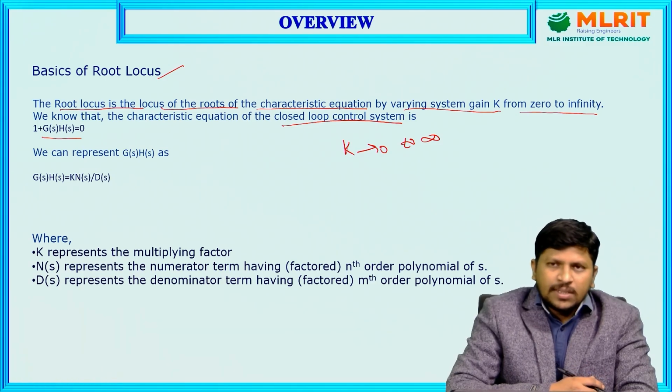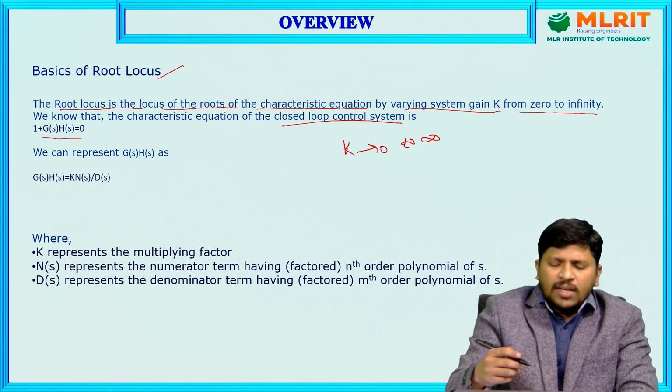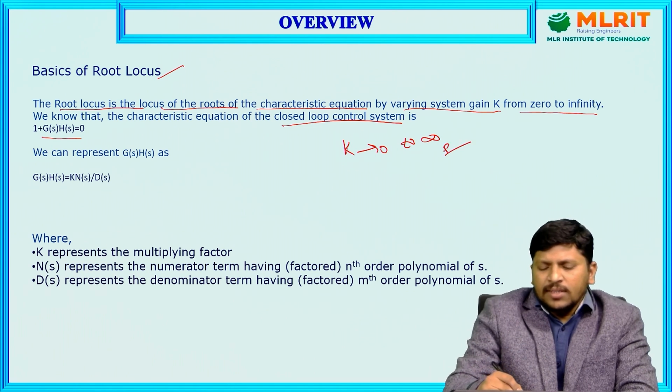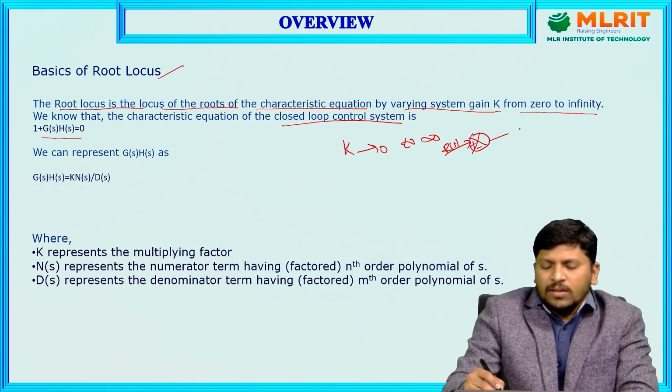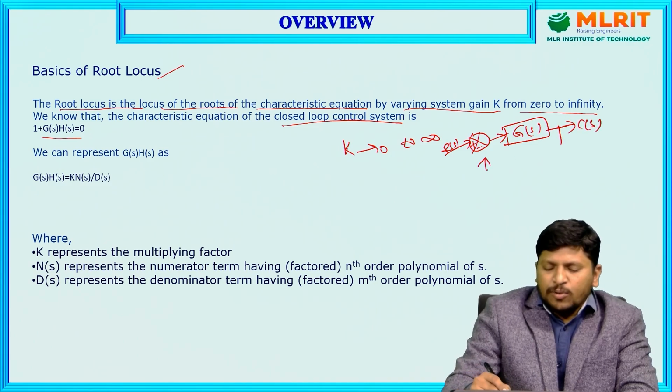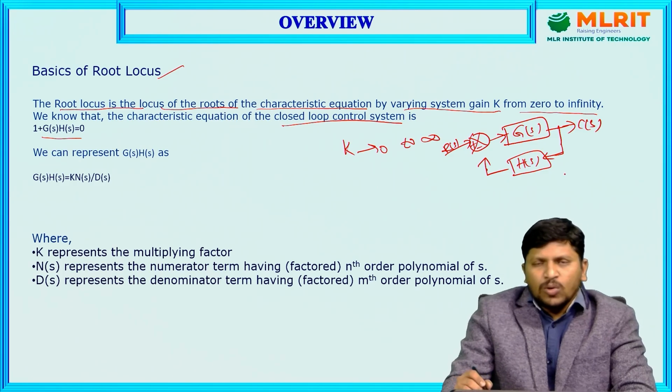In previous classes we learned. Here R(s) is my input signal, G(s) is the gain, and C(s) is the output, and some part of the output is returned back to the input through the feedback element H(s). This is the closed loop control system.